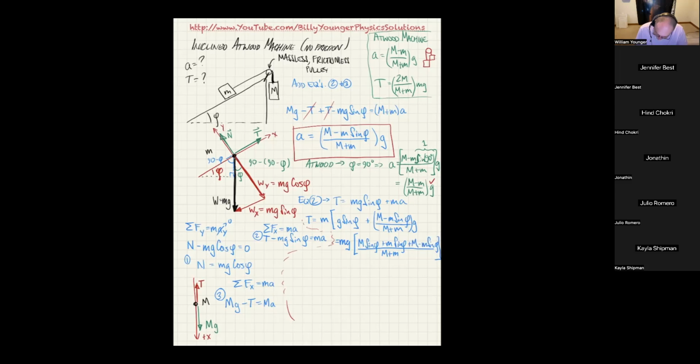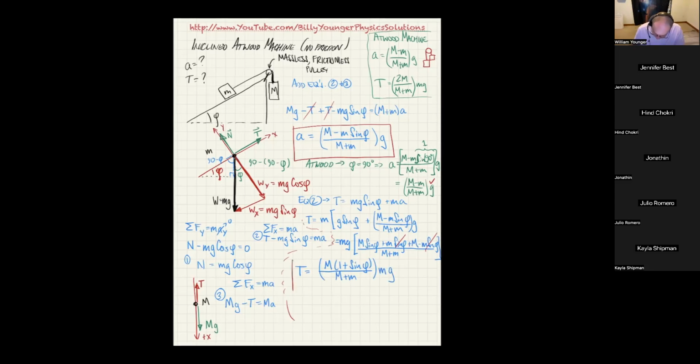So you can see that the m sine phi negative cancels out with the m sine phi positive, and what we ultimately get is that T is equal to M times 1 plus the sine of phi, all that divided by M plus lowercase m, and then all that multiplied by mg.